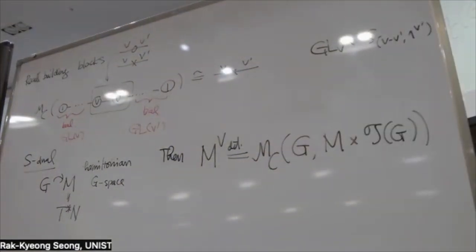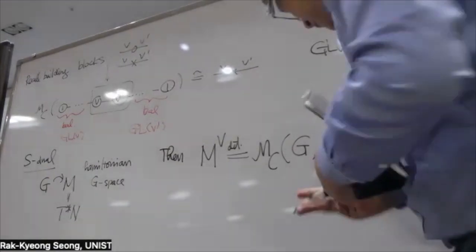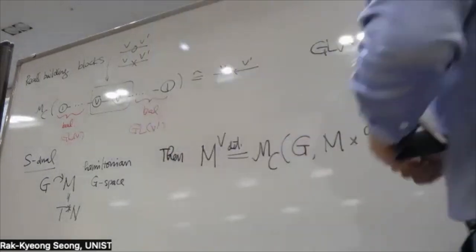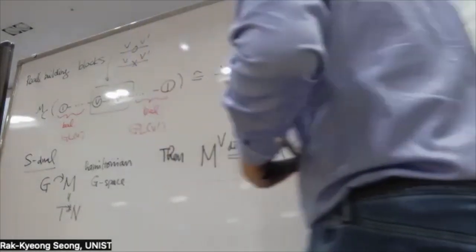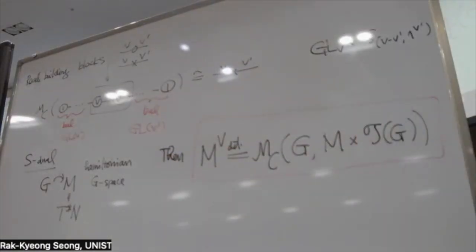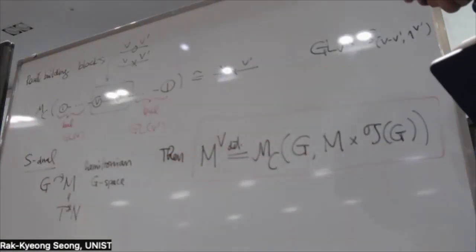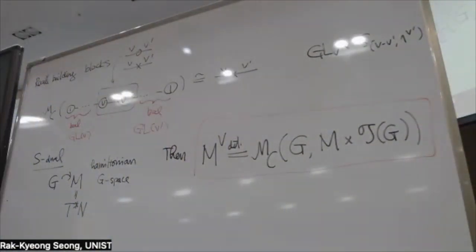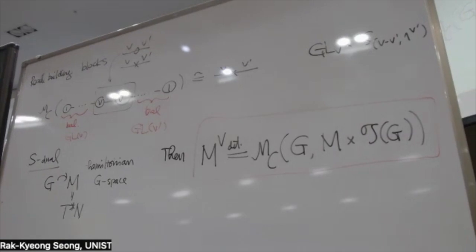So we define the dual variety by this formula. So I need to explain what T G is. But basically, let me take this example.